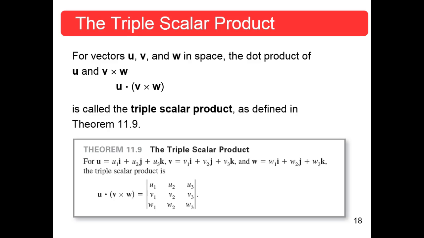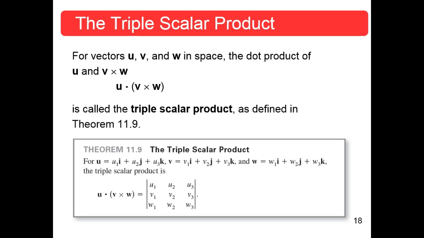So here's your u, u1i plus u2j plus u3k. Your v vector is v1i plus v2j plus v3k. Very creative in their thing. W is going to be w1i plus w2j plus w3k. The triple scalar product would then be this. Remember that determinant we had before?